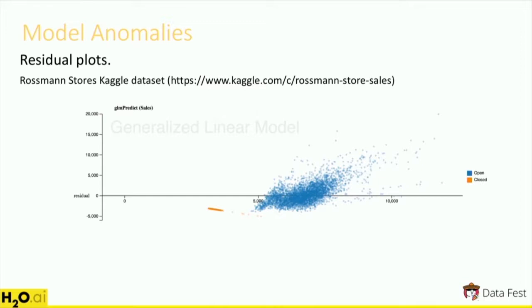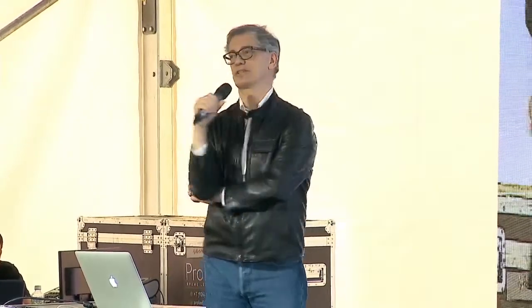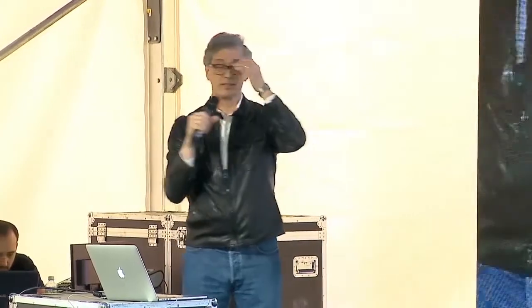Now, I want to show you, and this might be for the first time, residual plots for some very well-known models. This is the Kaggle data set of Rossmann stores. What we're trying to do is predict sales in these stores.